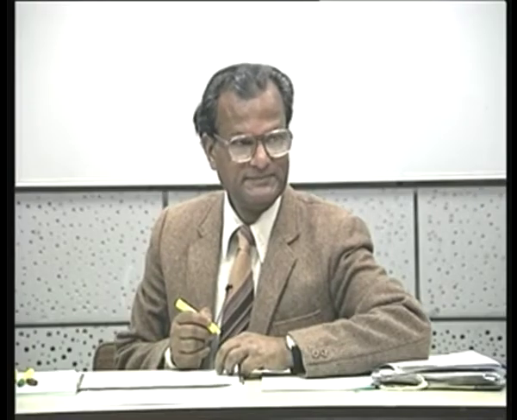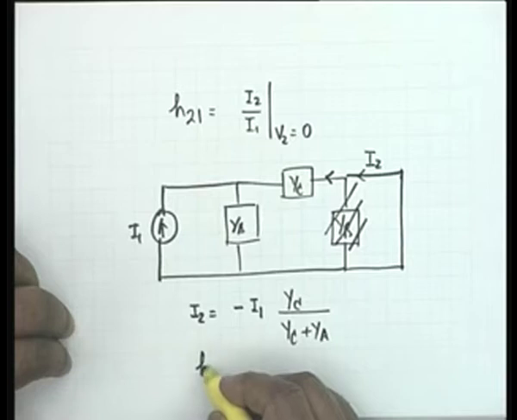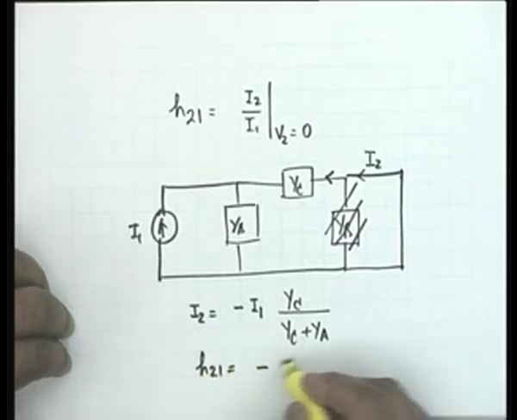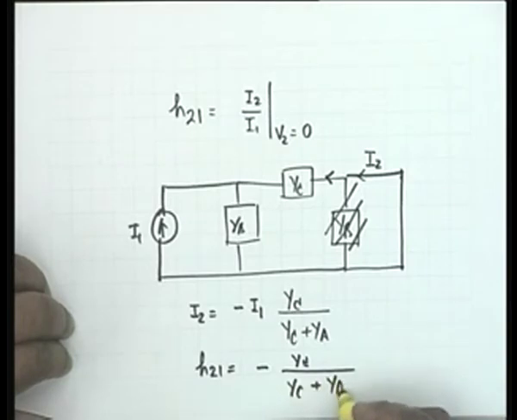Is that okay? And therefore H21 would be equal to minus YC divided by YC plus YA.